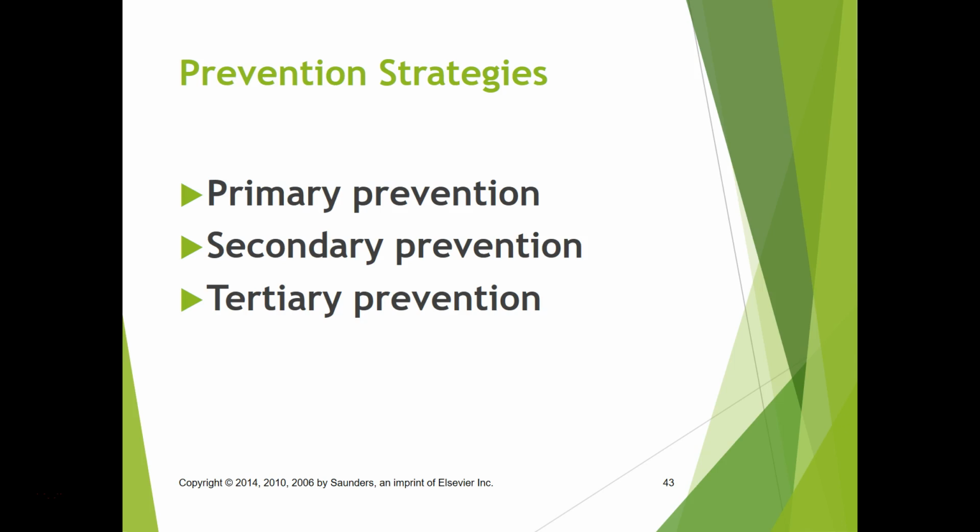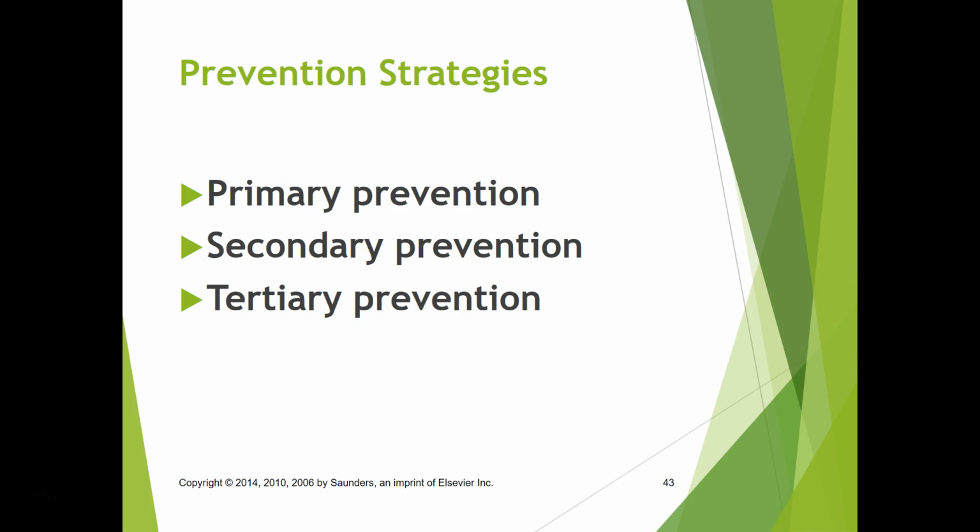And it's all of the nursing care also that can help to bring that person back to their usual state of health. So that is secondary. It's really 2 parts: screening and nursing intervention. Pick up on that problem quickly and try to take care of it before it gets really out of hand.